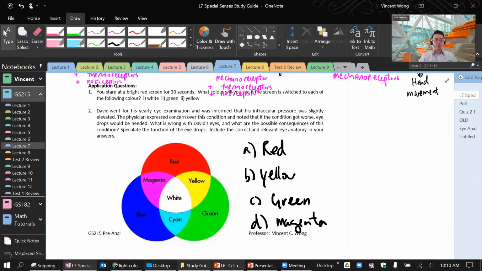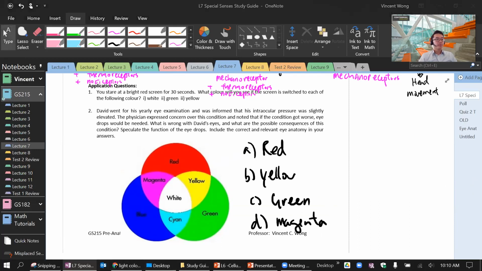Okay, let's do a poll. Okay, here's the question, right? You stare at the red screen for 30 seconds and you switch to a green screen. What color will you register?